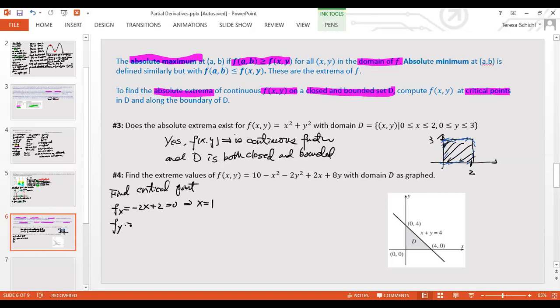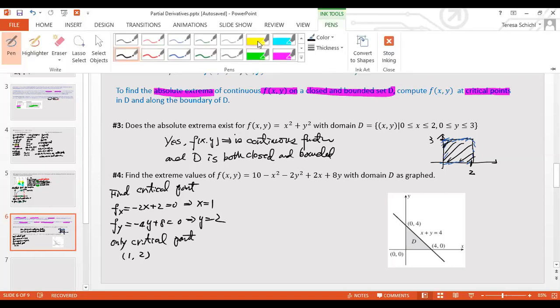The partial derivative f sub y is negative 4y plus 8 equal to 0. y equals 2. That's the only critical point, there's no other one. So this is 1 and 2.